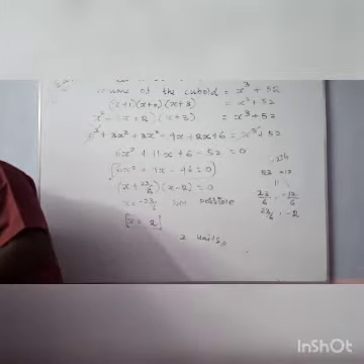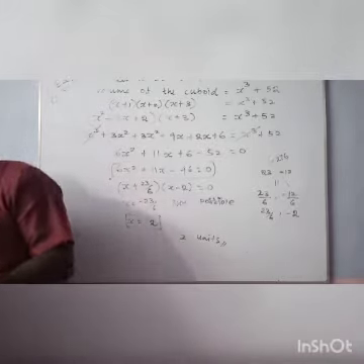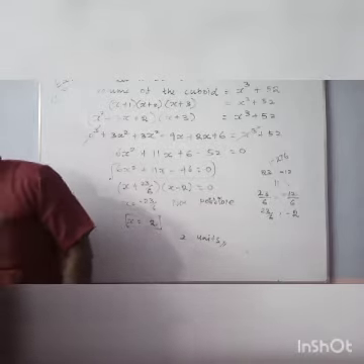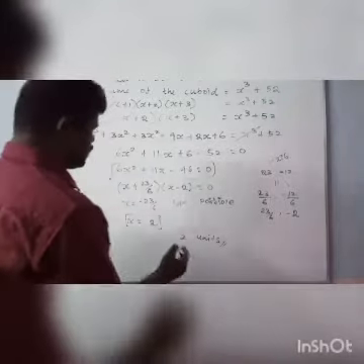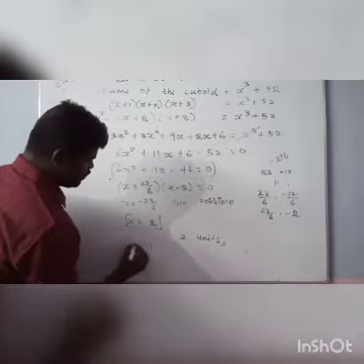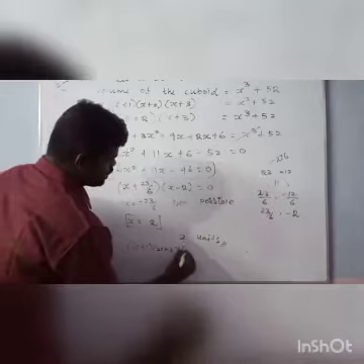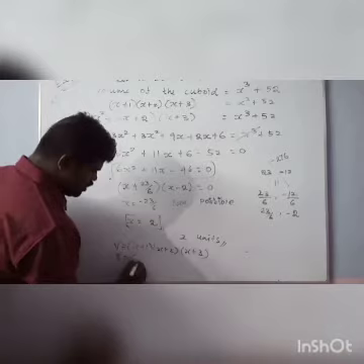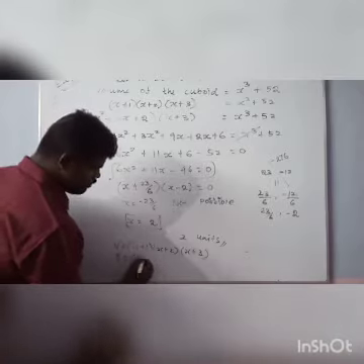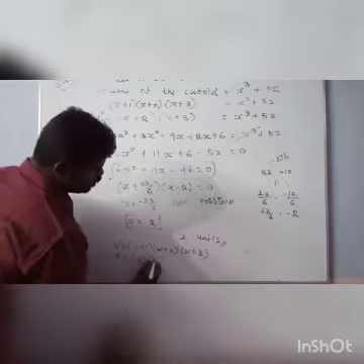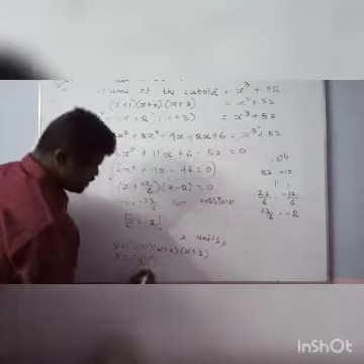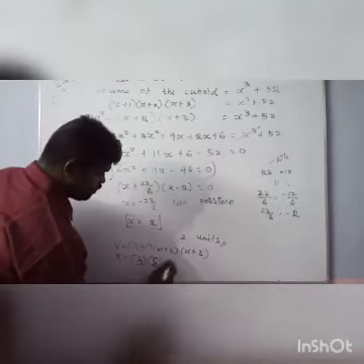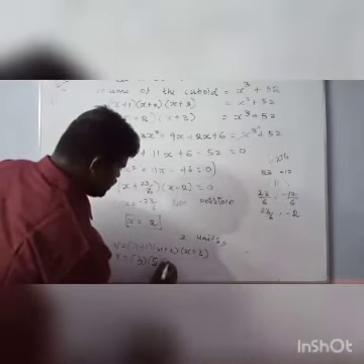And the required volume is what? We have to apply x value as 2. The required volume is needed. So x plus 1, x plus 2 and x plus 3. This is the required volume V. Now V is equal to 2 plus 1, 3, and 3 plus 2, 5, and here 2 plus 3, 5.